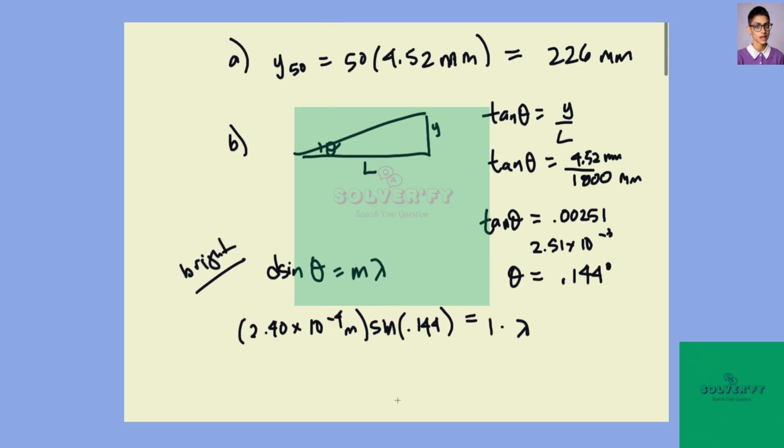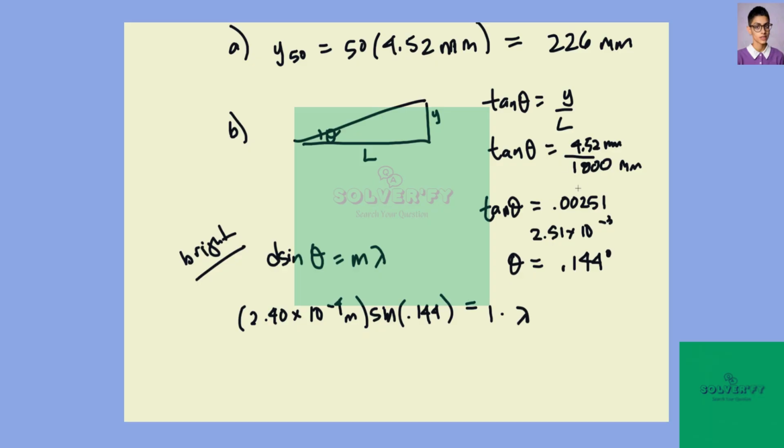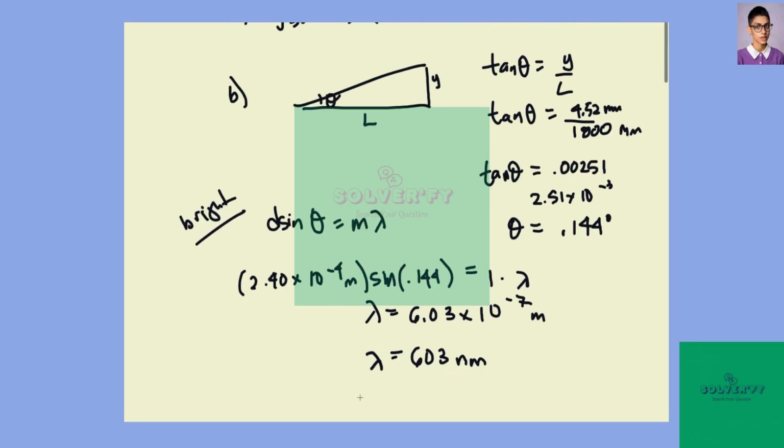So plugging that into your calculator, 2.4 times 10 to the negative 4 times the sine of 0.144, we have a wavelength of 6.03 times 10 to the negative 7 meters, which in nanometers is 603. So that is the answer for part C.